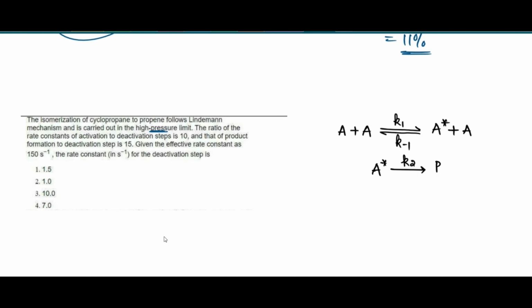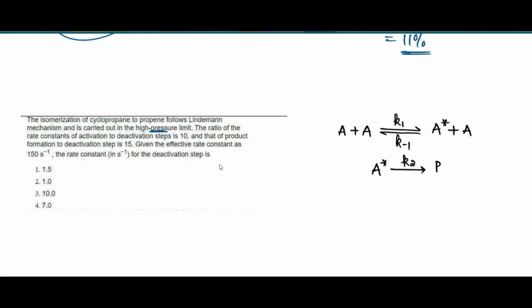So these are the basic things that happen in the Lindemann theory. Two molecules of A will collide to get an activated compound A star, and this A star can undergo either deactivation with a rate constant of K minus 1, or it can lead to the product formation with a rate constant of K2.